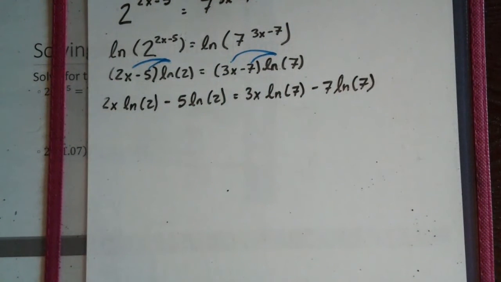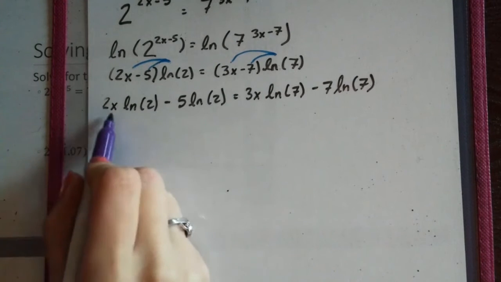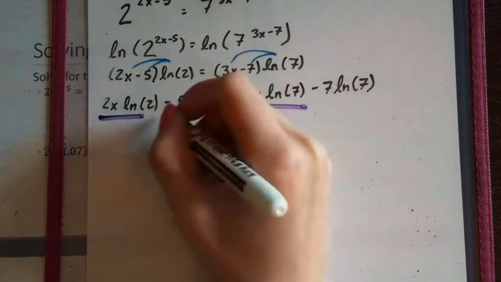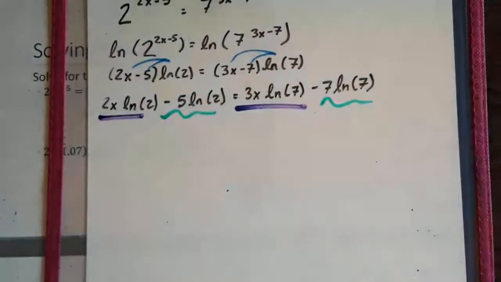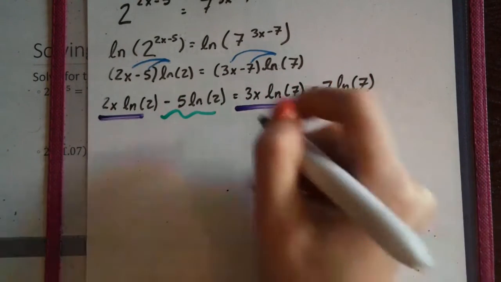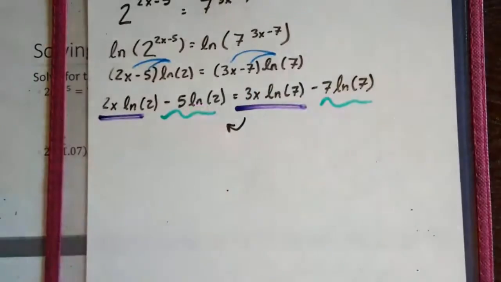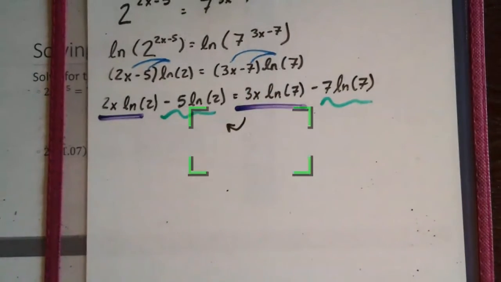Now I need to keep in mind my goal is to get the x by itself. So I need to find all the terms with x's in them, get them on the same side. Everything without an x, this guy and this guy, need to go on the other side. So what I'll do is I will move my 3x natural log of 7 to this side by subtracting it.